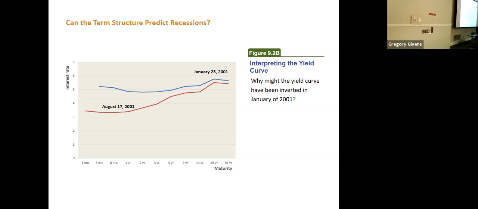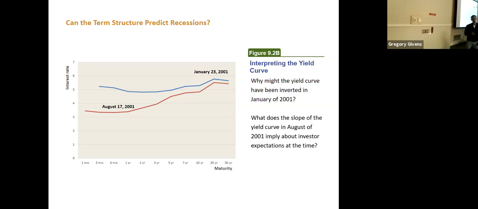They anticipated the recession, and the Fed lowered short-term interest rates by about 2 percentage points over the course of those 8 months, which back in 2001 was considered quite a lot, all right?